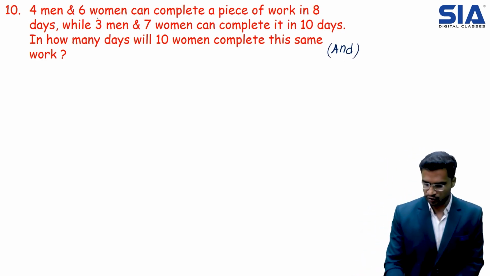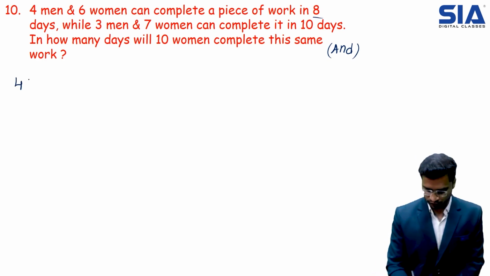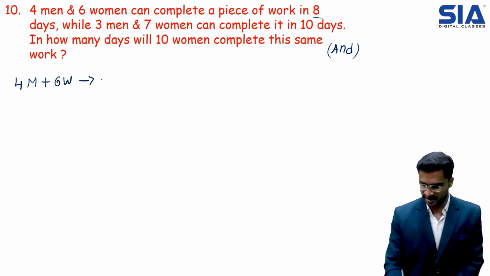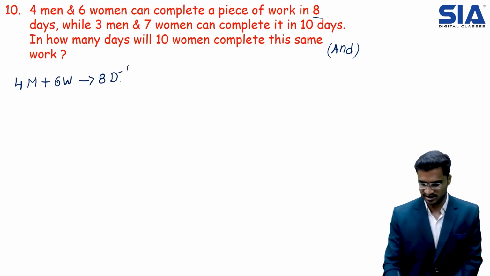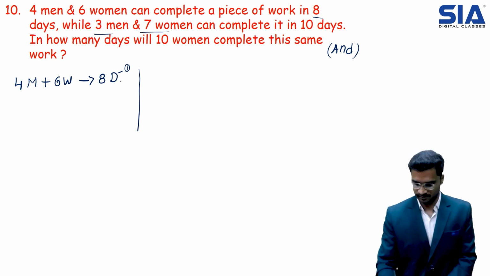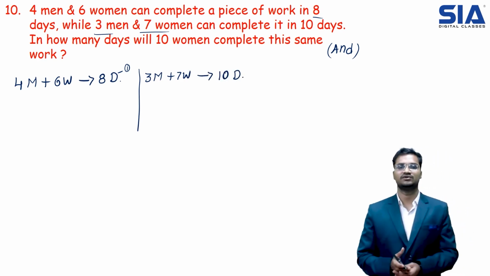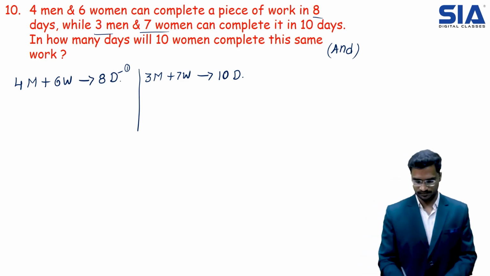Here 4 men and 6 women can complete a piece of work in 8 days. Let us take this as equation 1. And in the same way, 3 men and 7 women are completing this work in 10 days.